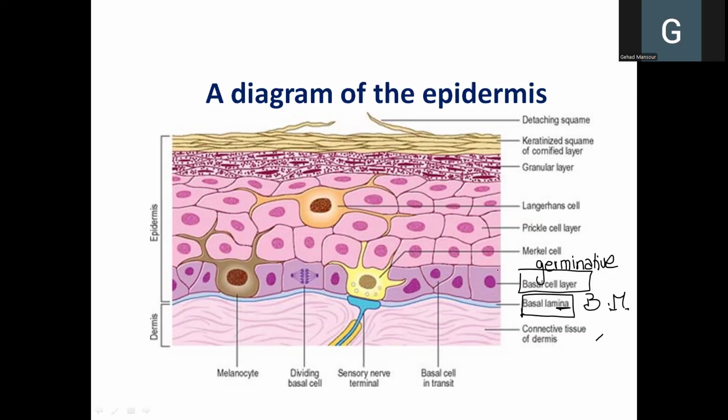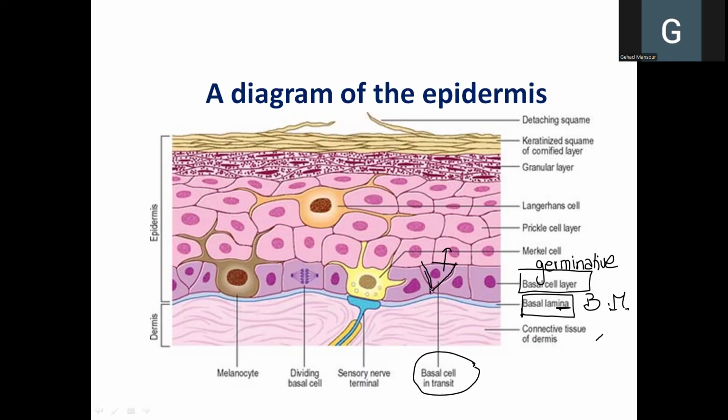As you can see, most of the cells are rectangular, but some of the cells look triangular. Why do they look triangular? If you look here, you will see basal cell in transit. In transit means that this cell is ready to move upward to the next layer.